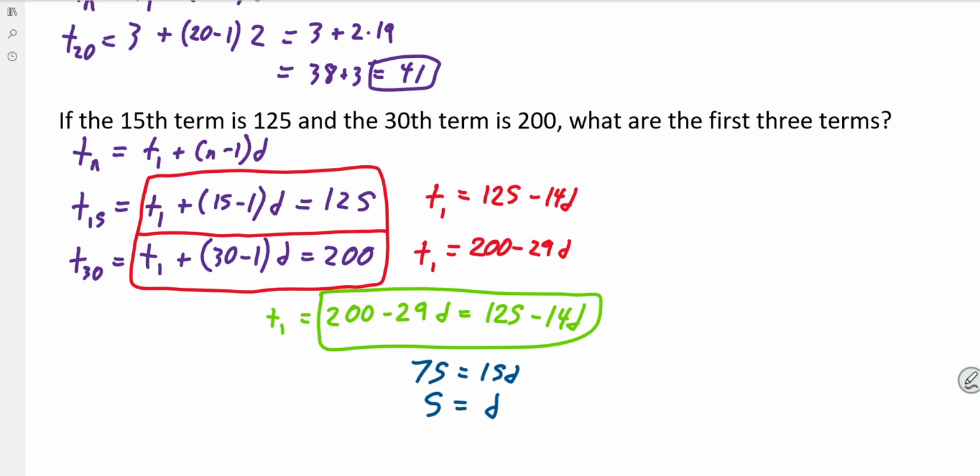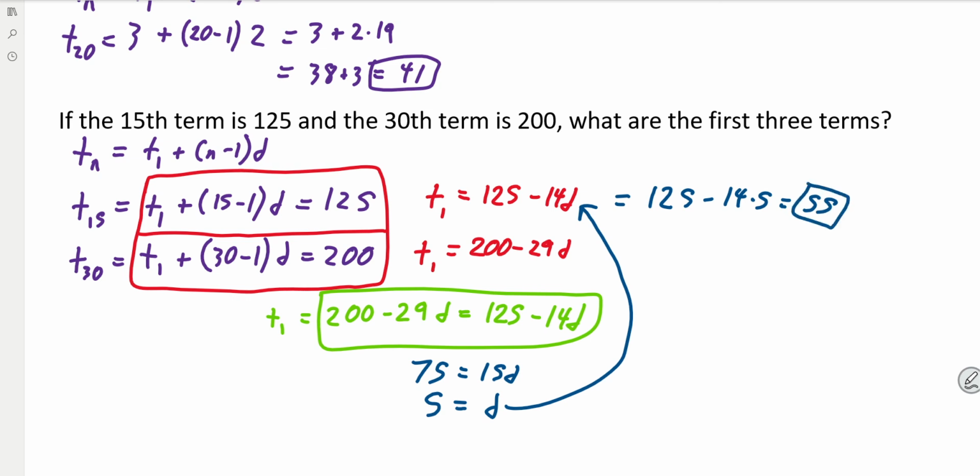We need to find T1, so let's plug it in here. 125 minus 14 times 5. 14 times 5 is 70, so 55 would be our answer.